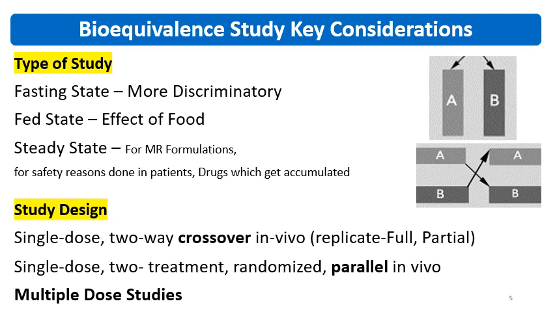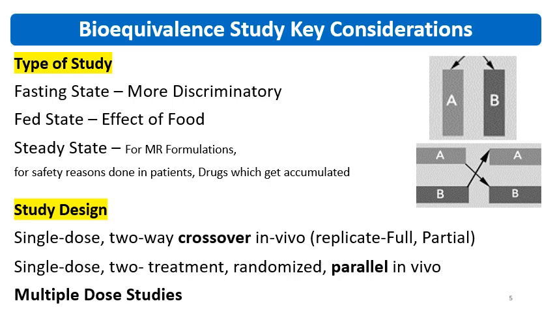So for those formulations or drugs which show accumulation kinetics, or which get distributed inside the tissues with a longer half life for elimination, for those formulations and drugs the steady state type of bioequivalence study is done.